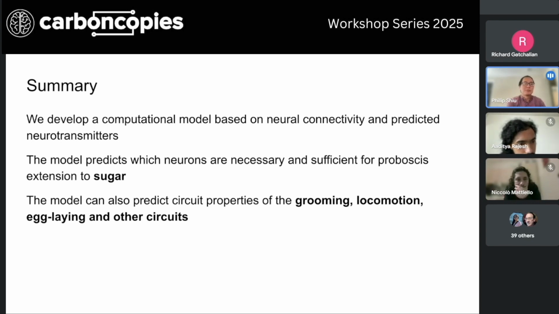So in summary, we developed a computational model based on the connectome and predicted neurotransmitters. We can predict what neurons are going to be necessary and sufficient for proboscis extension to sugar and to water, but I didn't discuss this. The model can predict circuit properties for grooming, in addition to the taste circuit, and in data that I have not shown, it can predict various properties of locomotion, egg laying, and some other circuits.